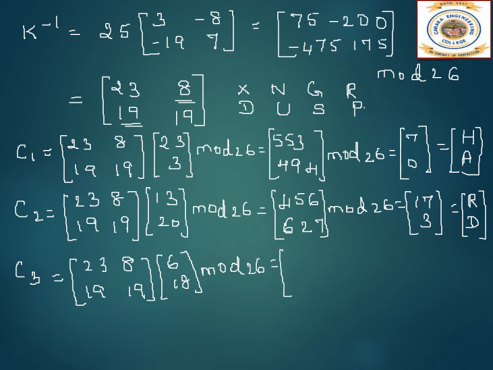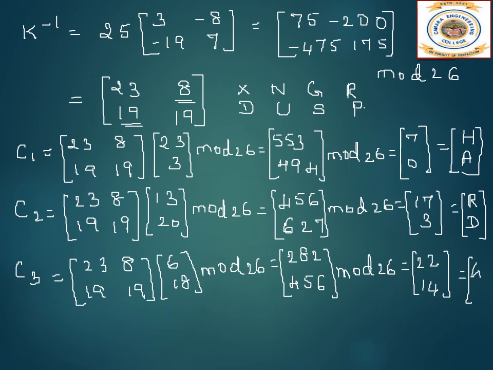So we will get 282 and 456 mod 26, where 282 mod 26 is 22 and 456 mod 26 is 14. So 22 and 14 equivalent will be W and O.